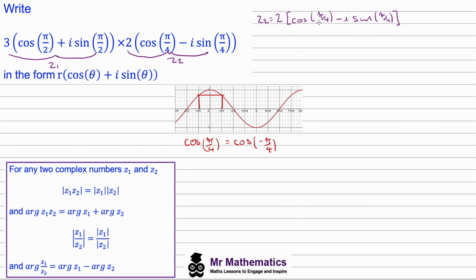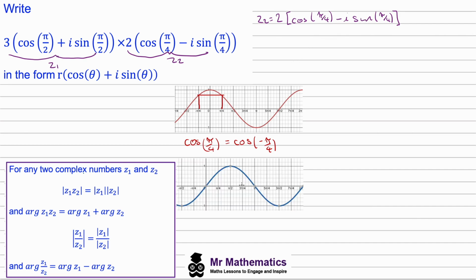So that looks at the cos, the real part of our number. Now we need to look at the imaginary part. Again, if we look at the sine of pi over 4, the solution we want is here. But this solution is exactly the same as the negative of this solution because it's rotationally symmetrical.